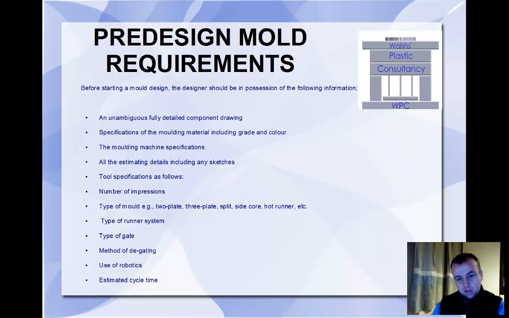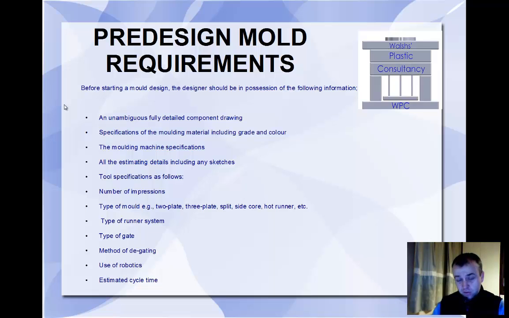And you need to be able to reference the machine specifications for the nozzle size, the register ring, the ejection system, all that information you should find within the machine specifications.